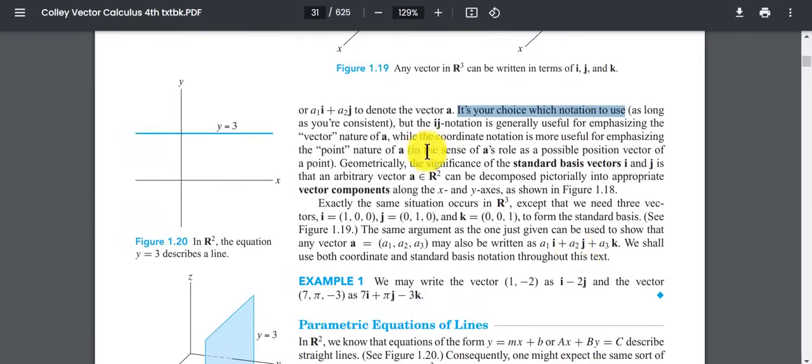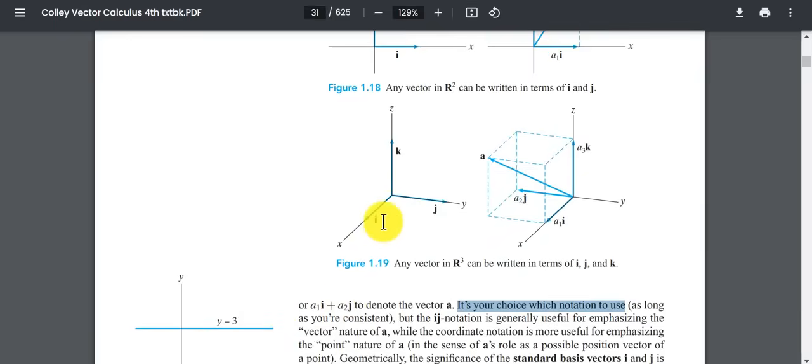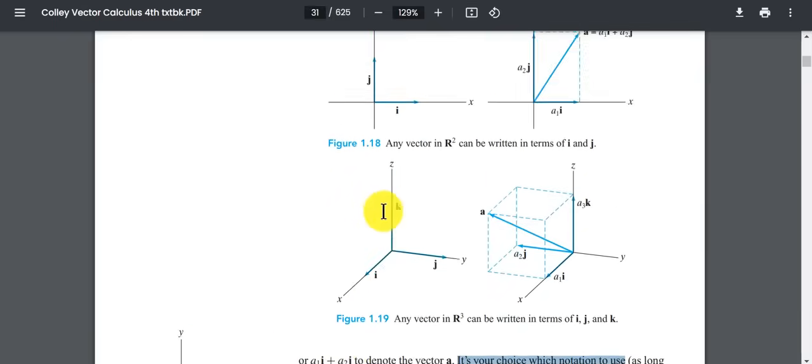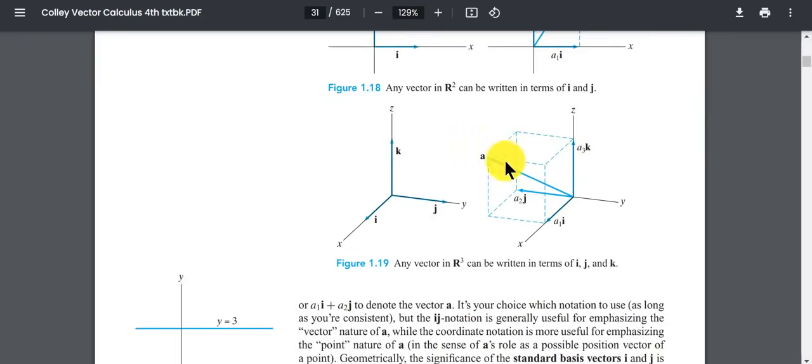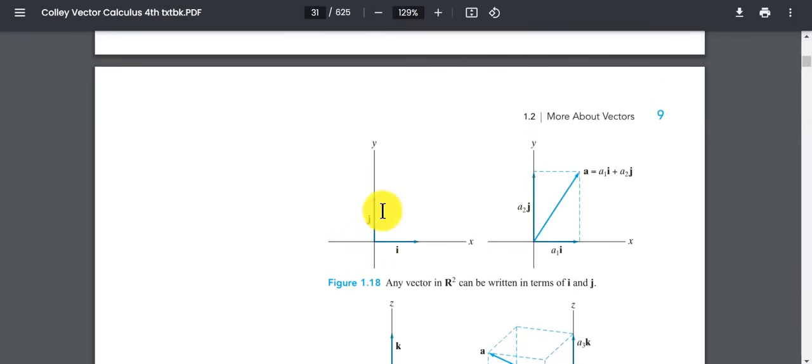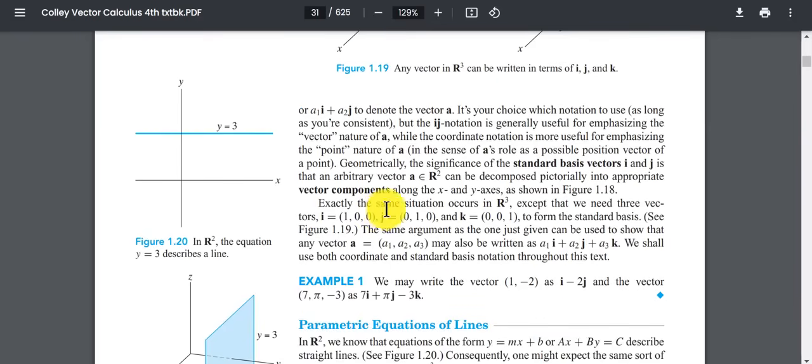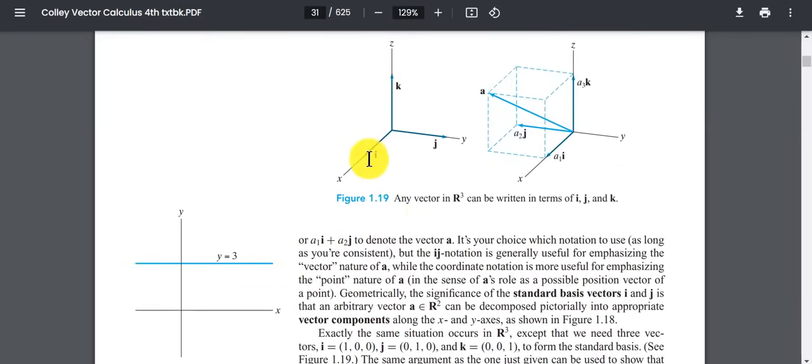And then for I, J, and K, you might say, oh, look, this is the same I as this I, and this is the same J as this J. And that's true, but now we're thinking of things in 3 dimensions, so we have to give each of these a third component. So we can't just call it 1, 0 and 0, 1.